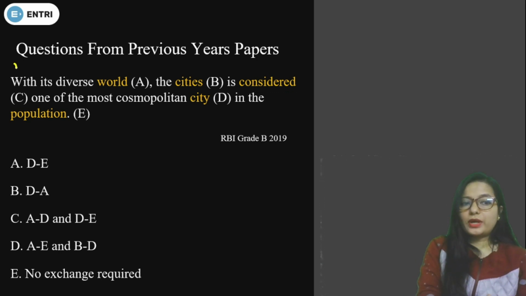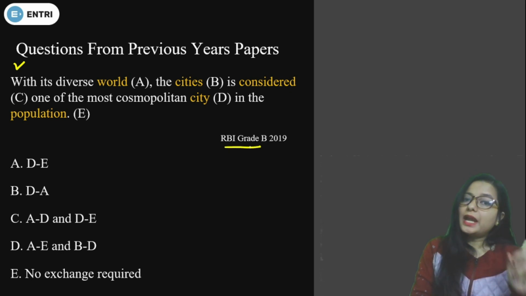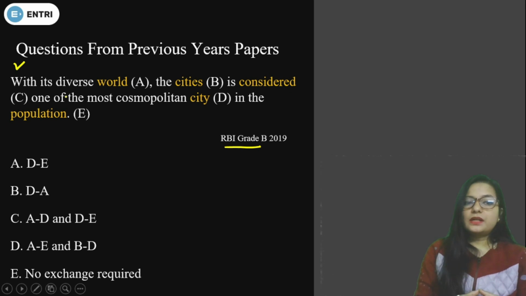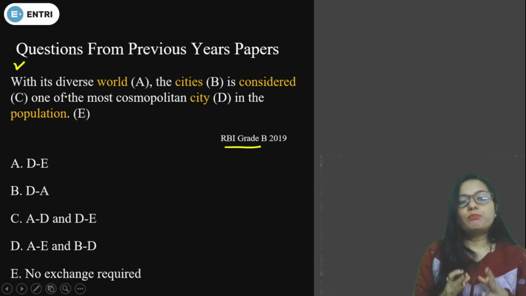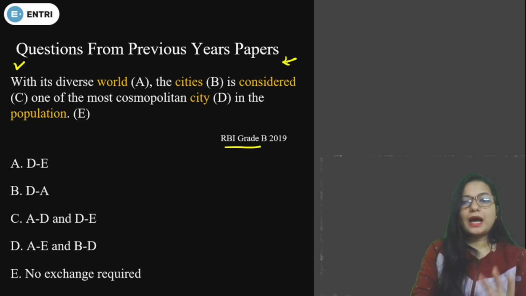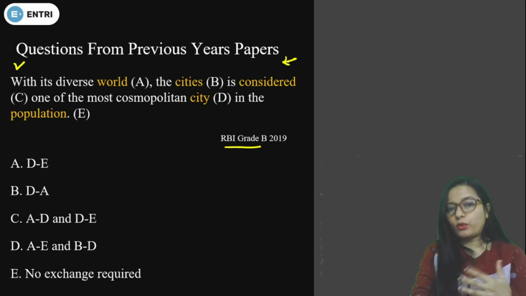So this is the first question, which was asked in the RBI Grade B 2019 examination. The question is: with its diverse world, the cities is considered one of the most cosmopolitan city in the population. As you can see, the direction is not given here, but I want to tell you what kind of question this is.